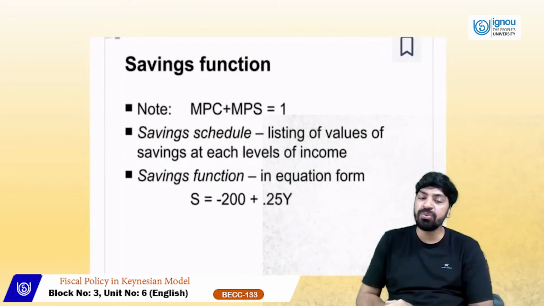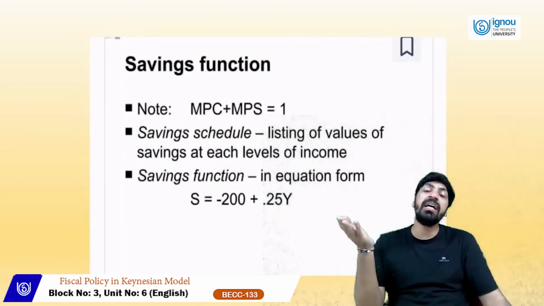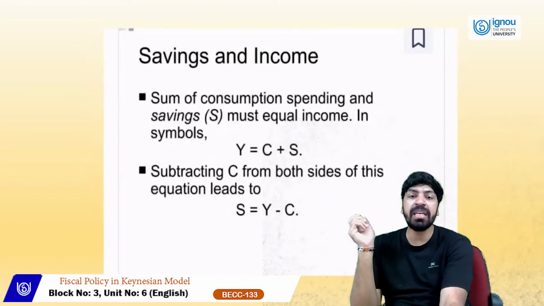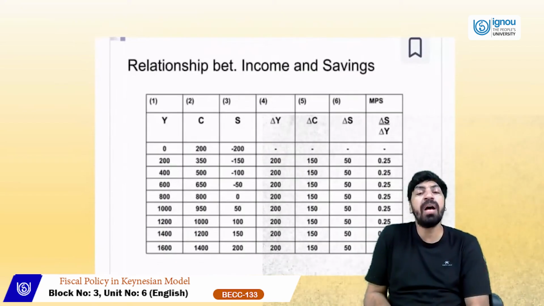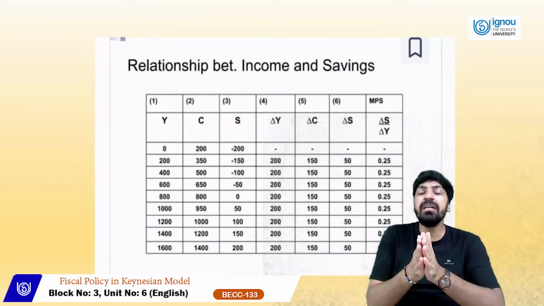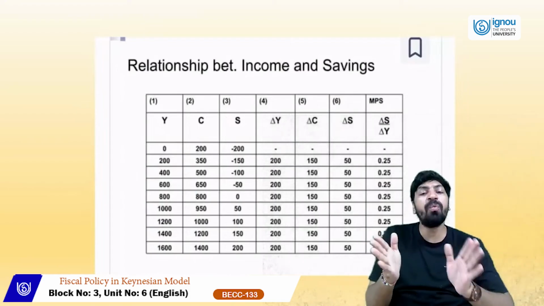So when we talk about the saving function, it is S equal to S-bar plus MPS times Y. If you see the earlier table, S is equal to minus 200. So what is the saving function equation?